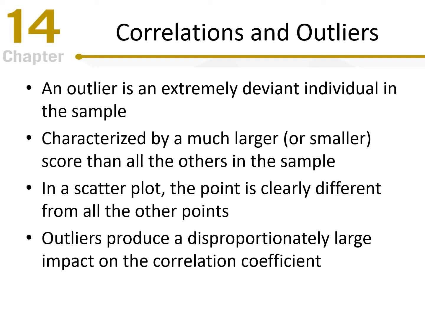So if you have an outlier, which is a data point that doesn't belong with everything else, it's extremely deviant, and you have a small sample, then the outlier is going to impact the correlation. If you have a large sample, then one outlier is not going to have the big influence. But with a small sample, one outlier could have a big influence on the correlation.